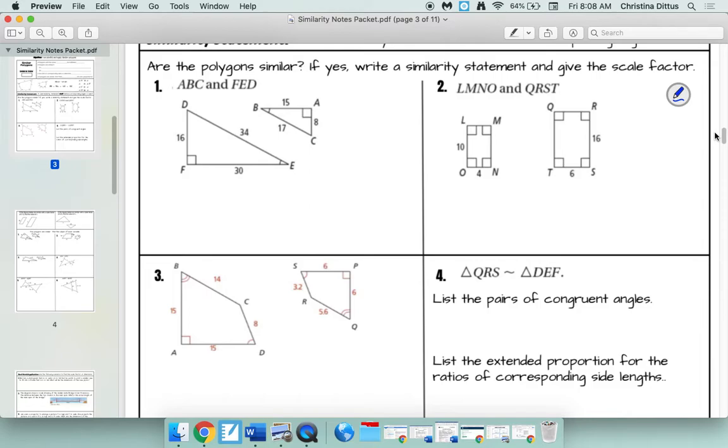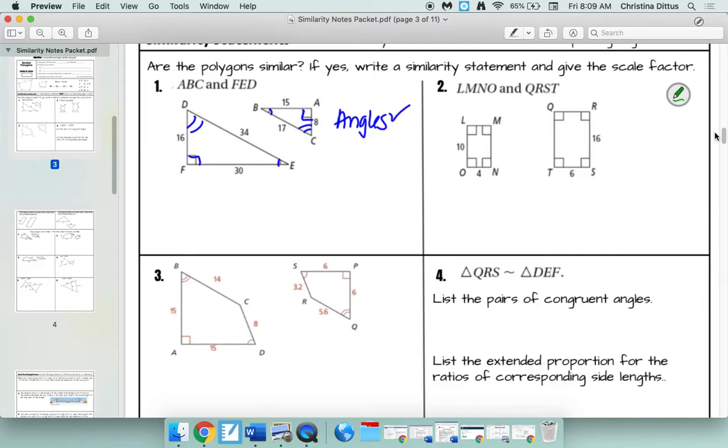Yeah, I have right angles. So these match. I have these that match. If those two match, what do you think's true about D and C? They probably match too, because if I add them up to 180 and subtract, I get the same number if the other two match. So our angles are good. Angles have to match.